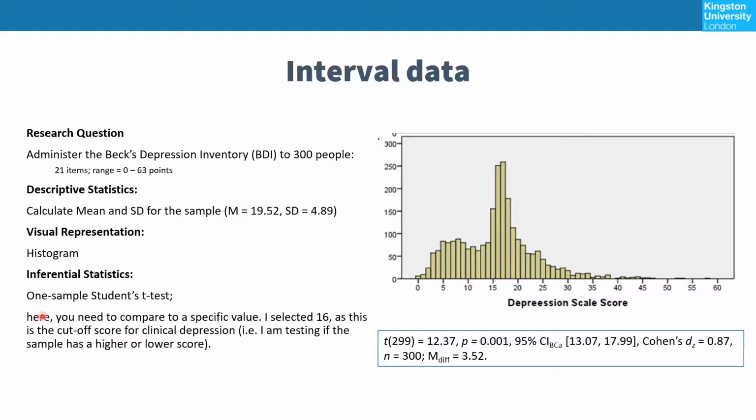So the way you do this is by looking at the one-sample t-test, which for the fictitious data that I created shows that there is indeed a statistically significant difference and a pretty large effect size, indicating that my sample has a higher depression score than would be typical for a population.